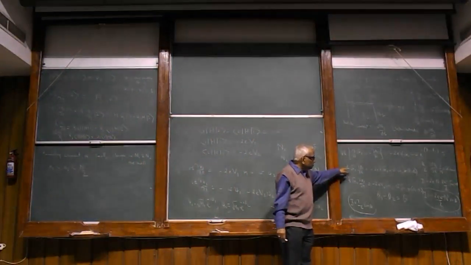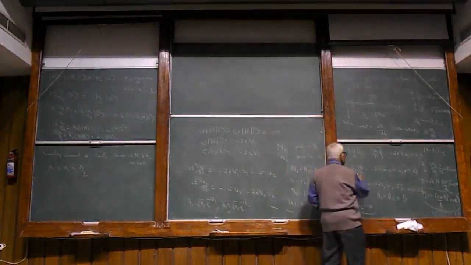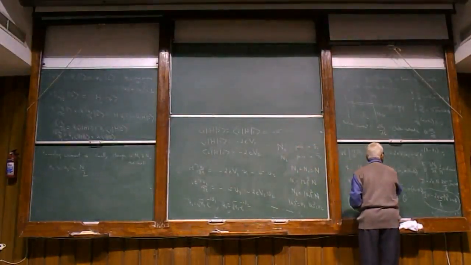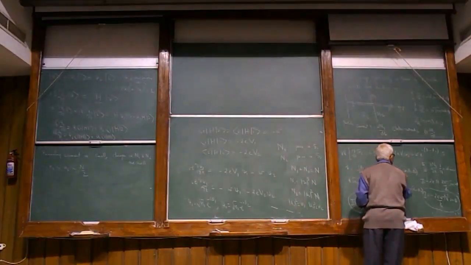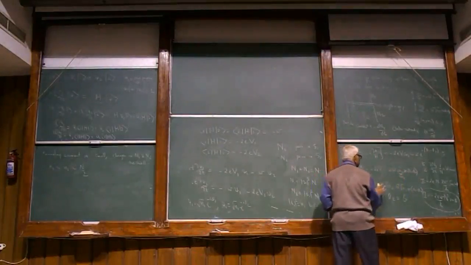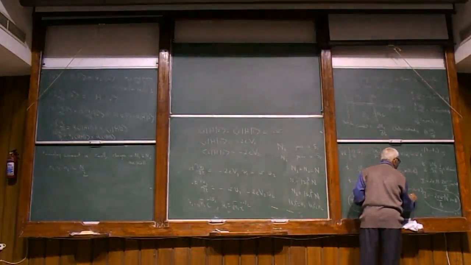There is another relation which now has to come from here. Over here you note that if I take the difference, root N1 is going to disappear from here and I have a square root of N1 over here. N2 disappears from here and I have a square root of N2.